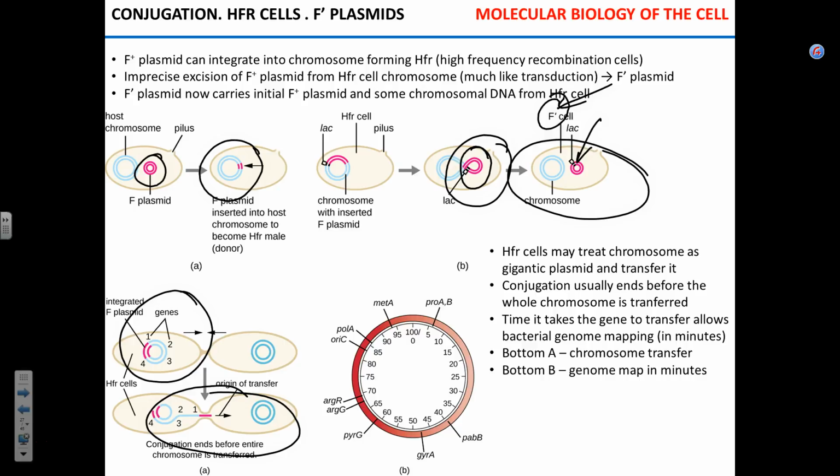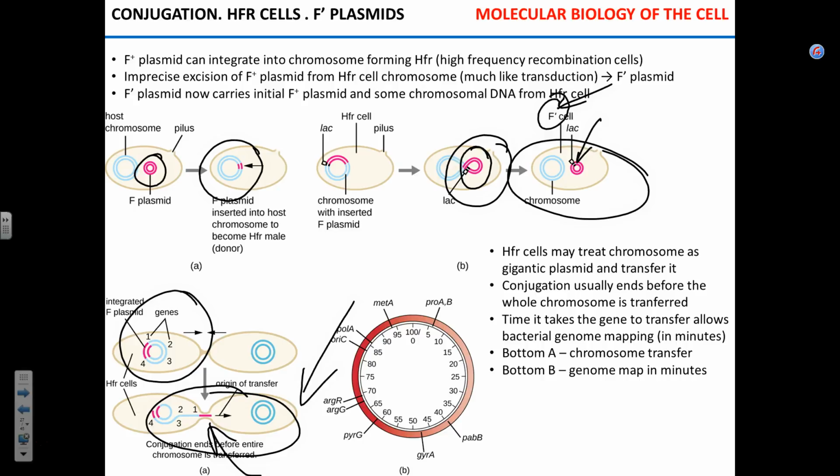Now, conjugation doesn't last forever. The pilus isn't forever. The pilus stays between two cells for a certain period of time. And usually that period of time is not long enough for the entire chromosome to get transferred. So only part of it goes into the recipient cell.